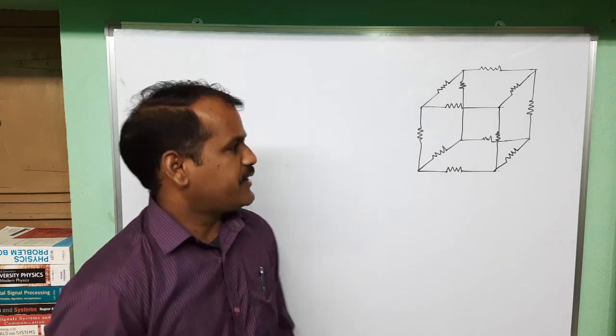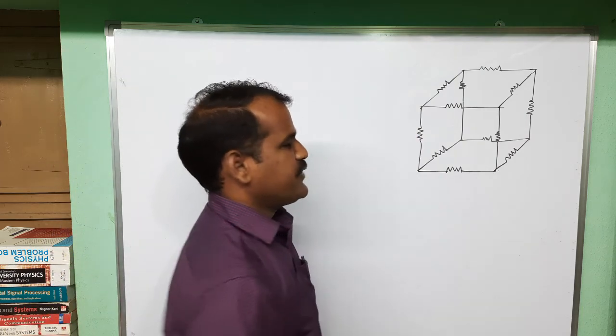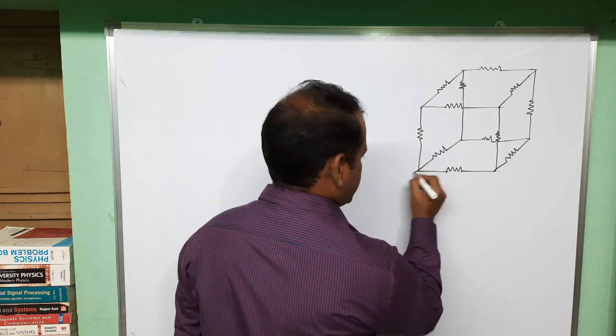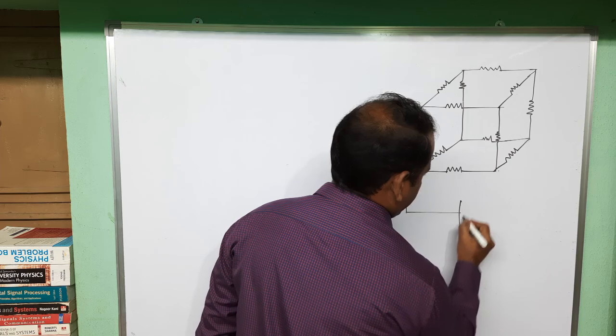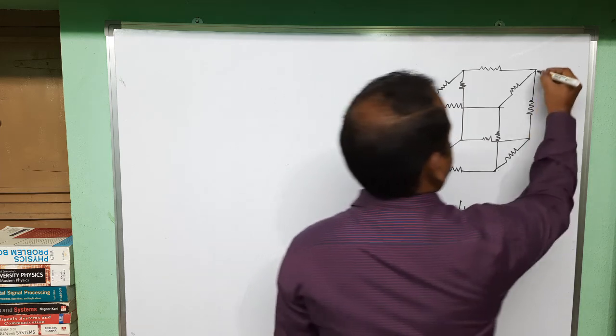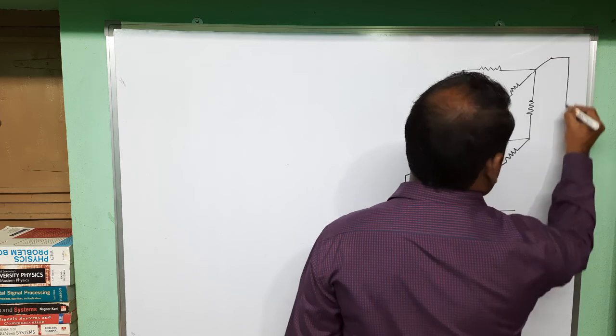This is the circuit given. For this resistor combination, a supply of 10 volts is applied, as shown in this figure.